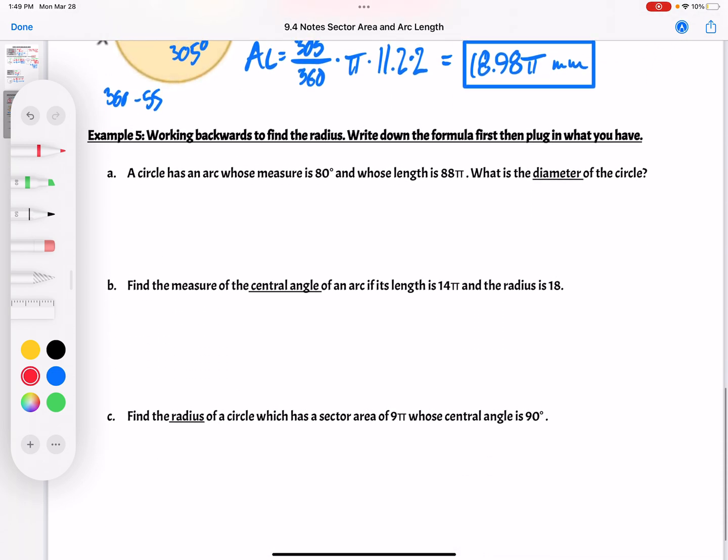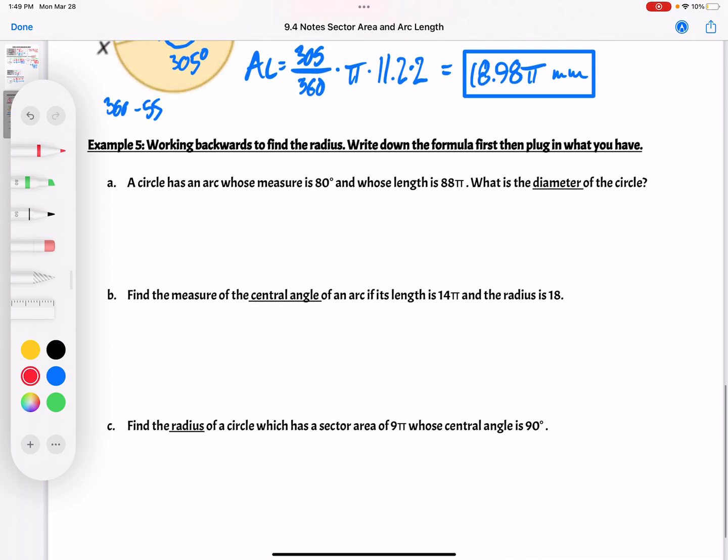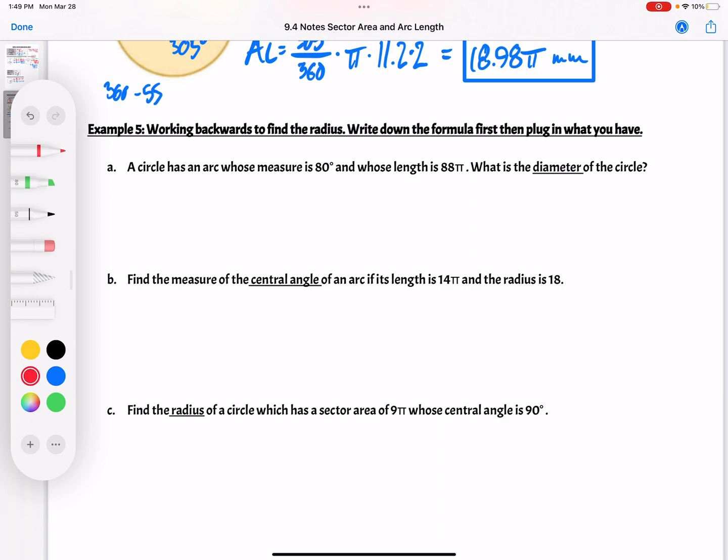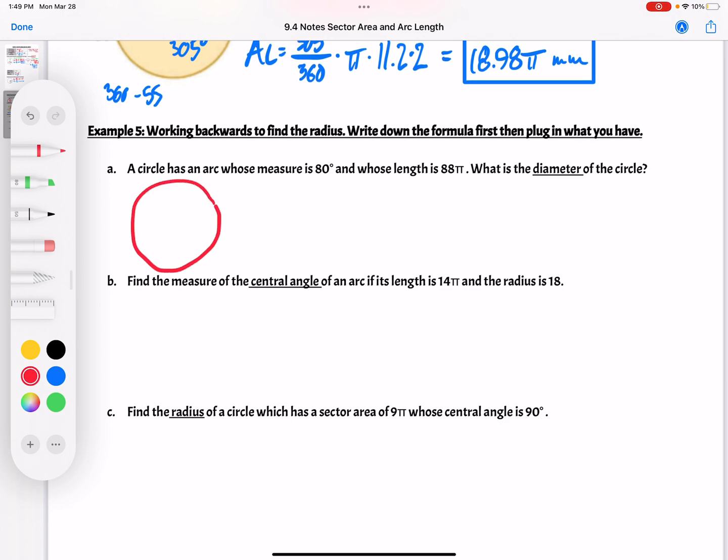Okay. Work backwards to find the radius. So here we go. First one, let's draw our circle in here. And we have an 80-degree arc. And the length of this arc is 88 pi. What is the diameter? All right, so this is our radius. We're going to use the formula with diameter.